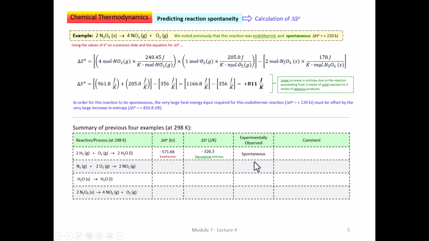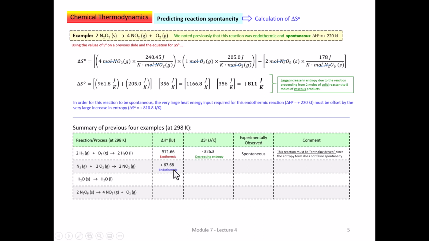Experimentally observed, this is quite spontaneous, so our conclusion is that this reaction must be enthalpy driven because the deltaS term is negative, meaning you're creating order that does not favor spontaneity, so it must be driven by this large and negative deltaH.